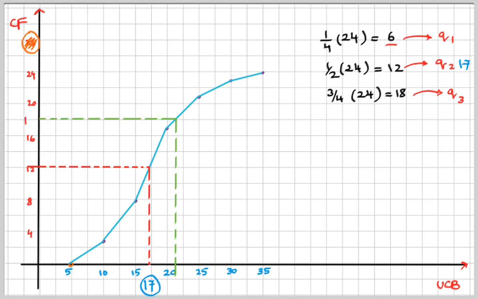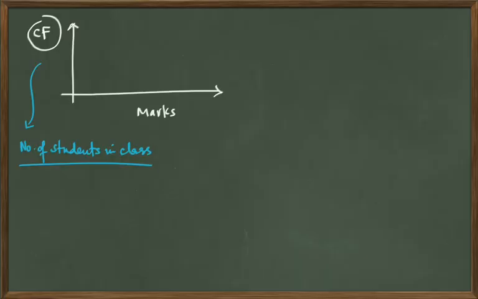And this is the upper quartile, approximately 21.5. So therefore, the upper quartile is 21.5. And similarly, you can draw dotted lines and find the lower quartile. So that thing is done.